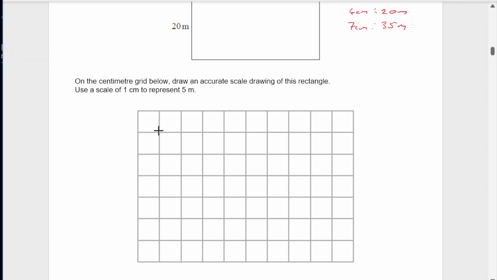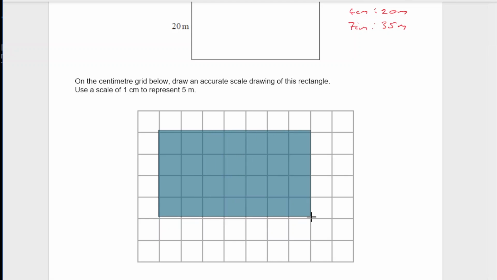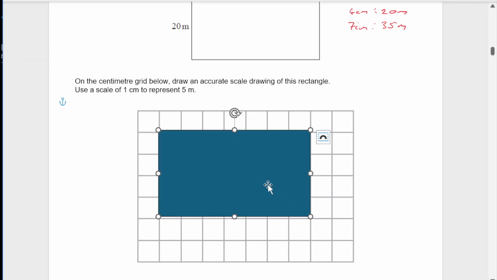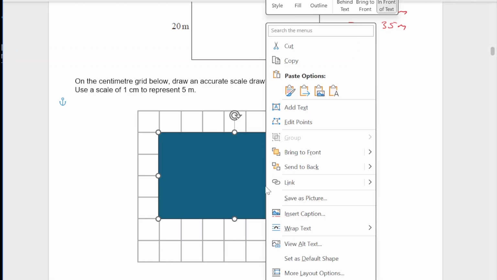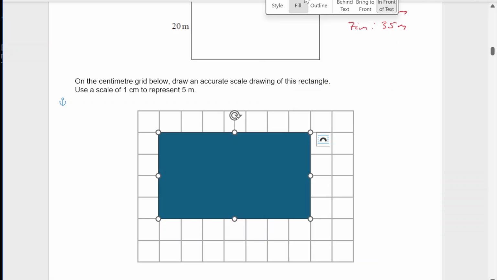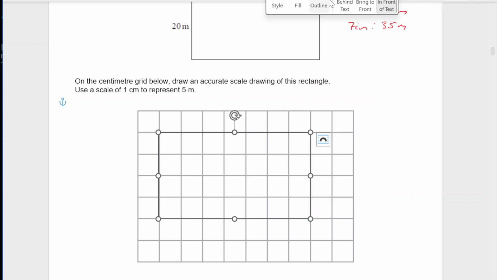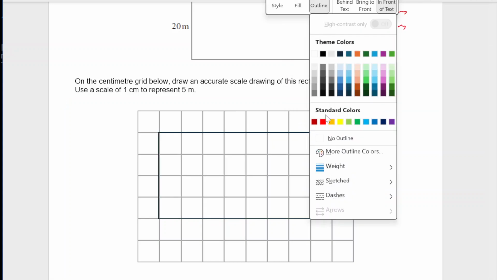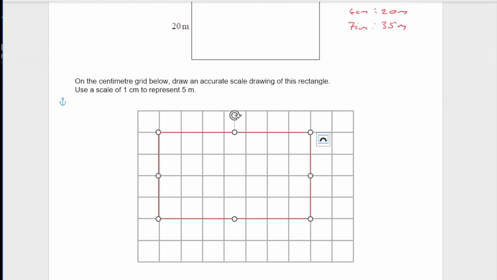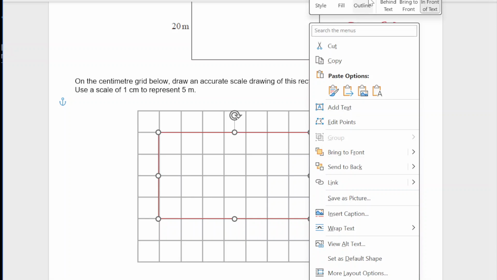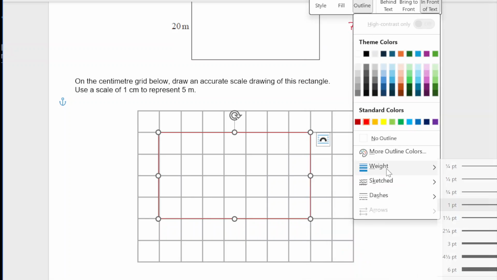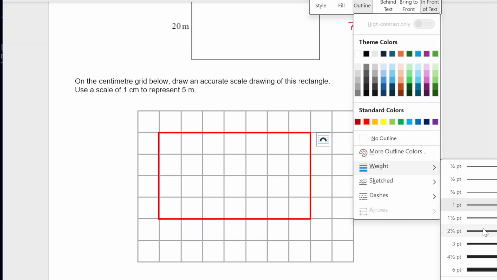So I want to go 4 down, 1, 2, 3, 4, and 7 across. 2, 4, 6, 7. So let me just reposition that slightly. Make that slightly thicker, I think. There we go.